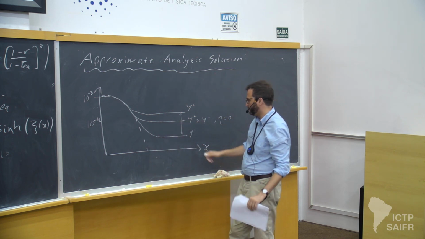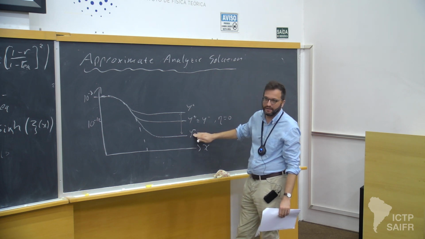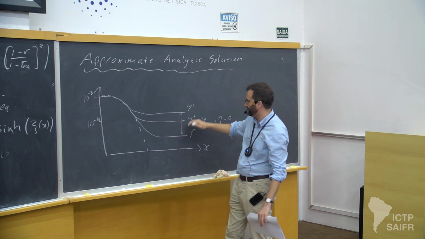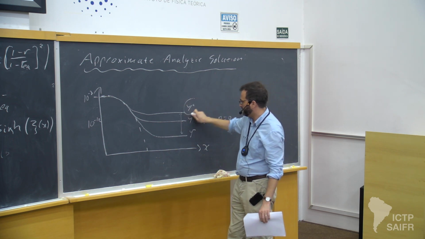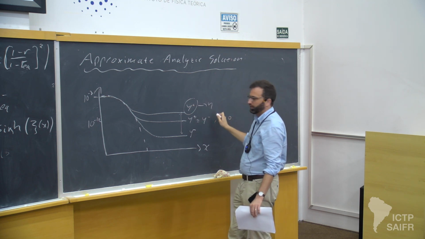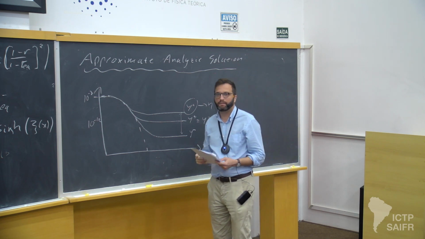So you really start suppressing these dark matter antiparticles compared to the dark matter particles, and the more you suppress the y minus, the more this value goes to eta.